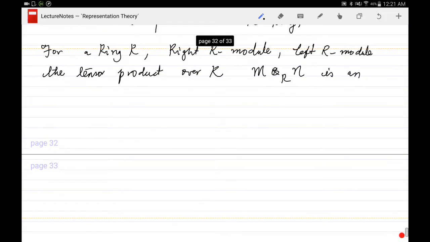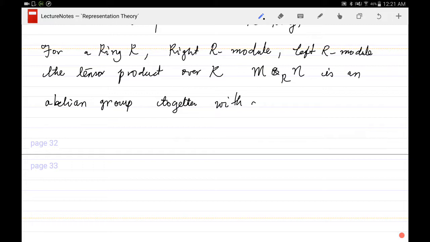is an abelian group together with a balanced product.